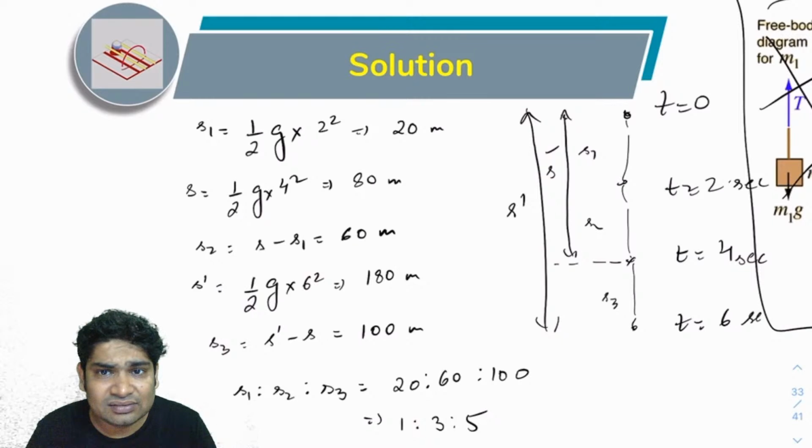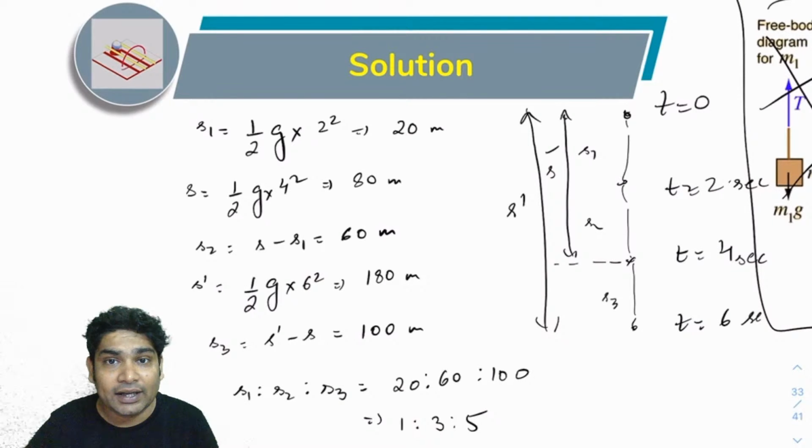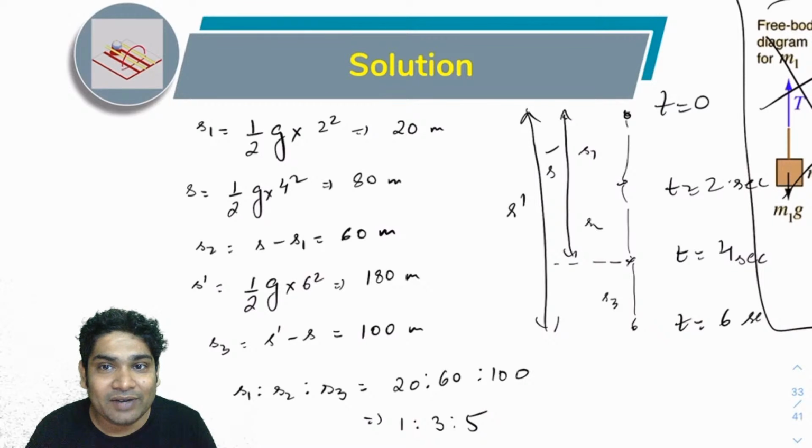How do you take ratios? Take 20 common, no? Divide everything by 20.